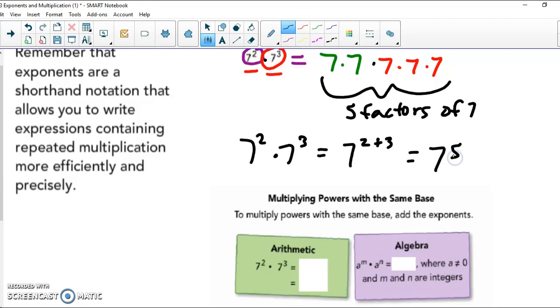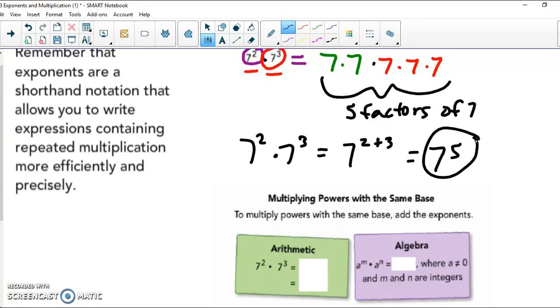So it's really the same as 7 to the 5th power. And we can see that by multiplying it out, because my exponent tells me how many times my base is a factor. So when I multiply 7 squared times 7 cubed, I see that there are 5 sevens being multiplied, or 5 factors of 7. So this answer should make sense to us.